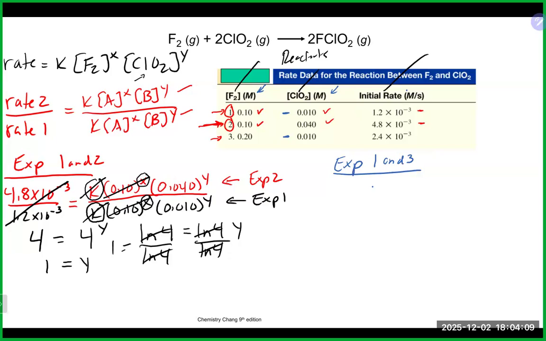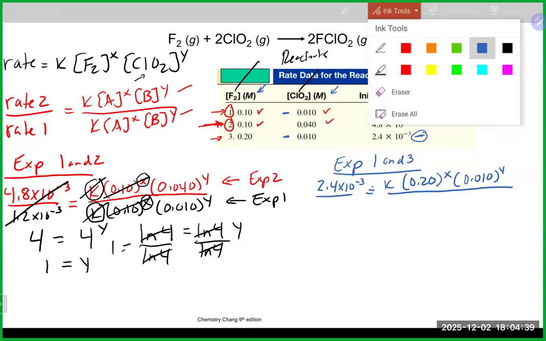Once again, looking at experiment 1 and experiment 3, I can see that experiment 3 has the larger order. So I'm going to put everything from experiment 3 up on top. Again, I'm just going to go straight across. 2.4 times 10 to the minus 3 is equal to K, 0.2 to the X, and 0.1 to the Y. That again is everything from experiment 3 up on top.